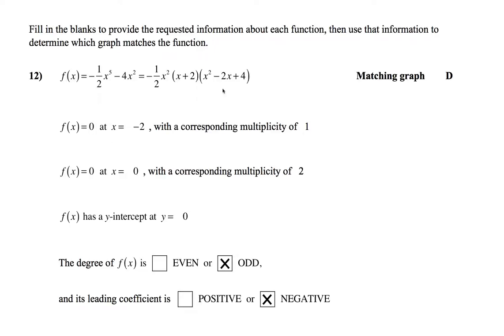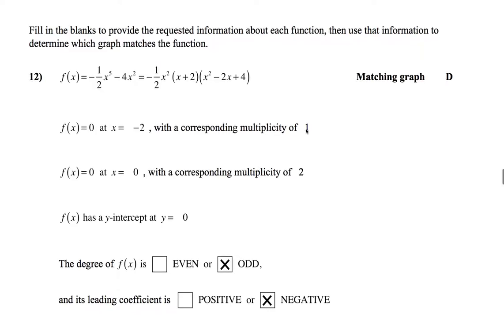What is the multiplicity? Well, we look at the exponent here that factor is raised to. It's a 1. We don't write that 1. It's an invisible 1, but that gives it a multiplicity of 1.